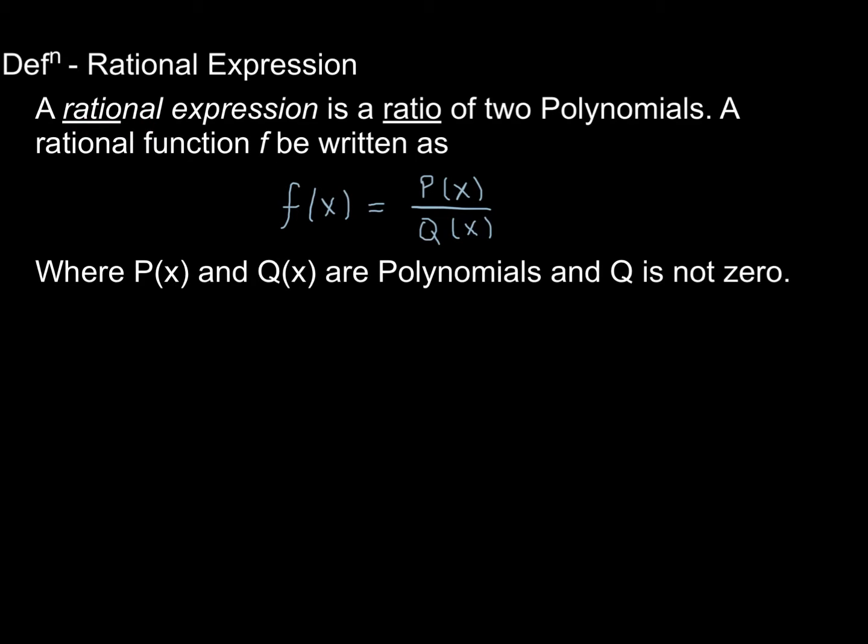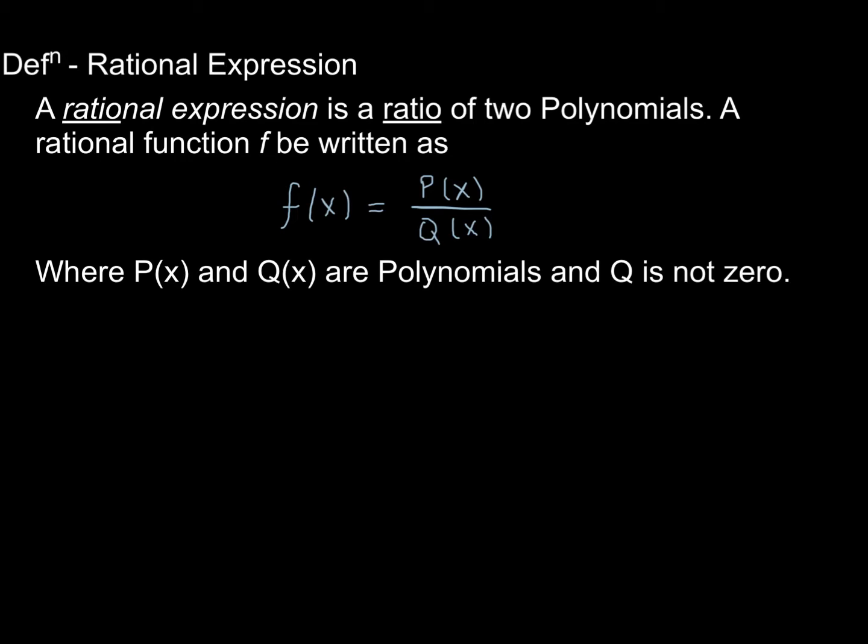A rational expression is a ratio of two polynomials. A rational function can be written as f of x is equal to p of x divided by q of x, where p and q are polynomials and q is not 0. So this expression can't be 0, right? We saw before, you divide a number by 0 and it does not exist.